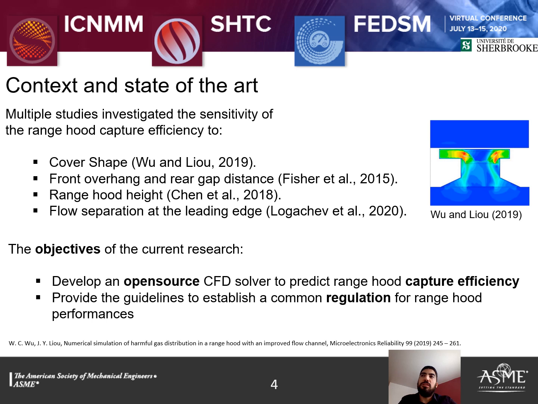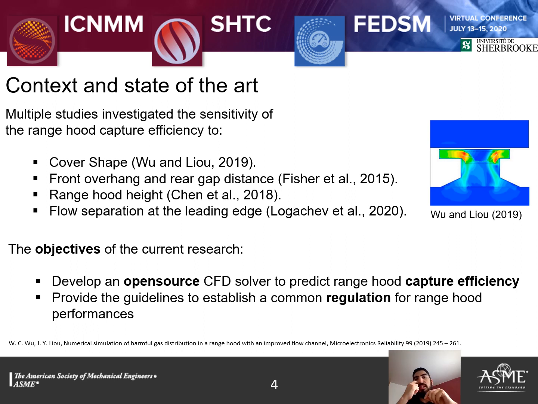Different research has been done over the years to study the sensitivity of range hood efficiency to different parameters such as the cover shape, front overhang and rear gap distance, range hood height, and flow separation at the leading edge, where the separation of the boundary layer can affect the capture efficiency of the range hood positively or negatively.